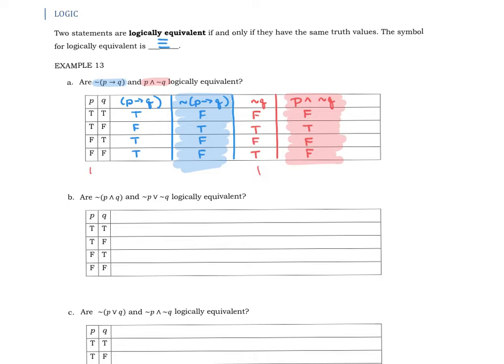So that would mean that the negation of if P then Q is logically equivalent to P and not Q. In other words, those are the same thing. It's just like with an equal sign, you could replace one phrase with the other if there was a reason that you wanted to look at one form versus the other form.